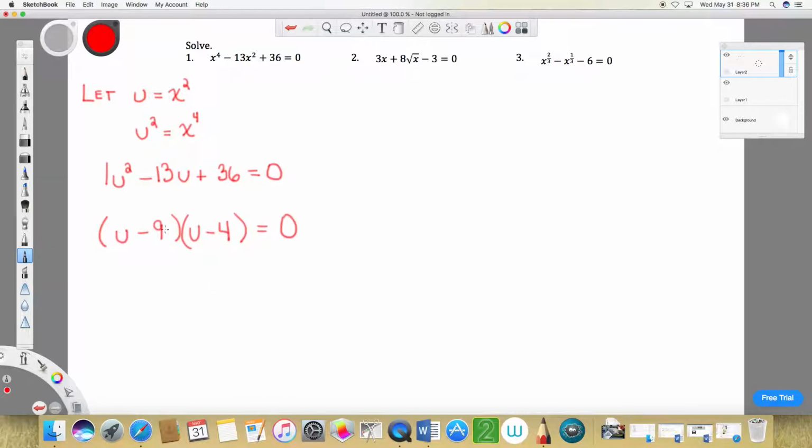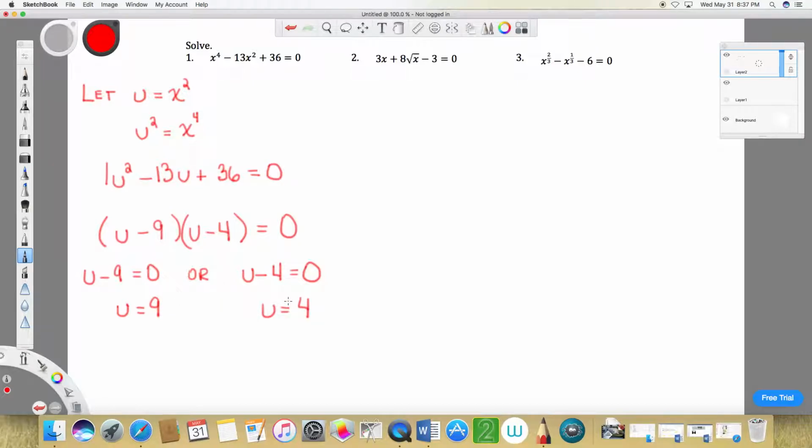And now to solve this equation, we see that this splits into two equations by the zero product theorem, and I have u is equal to 9 or u is equal to 4.